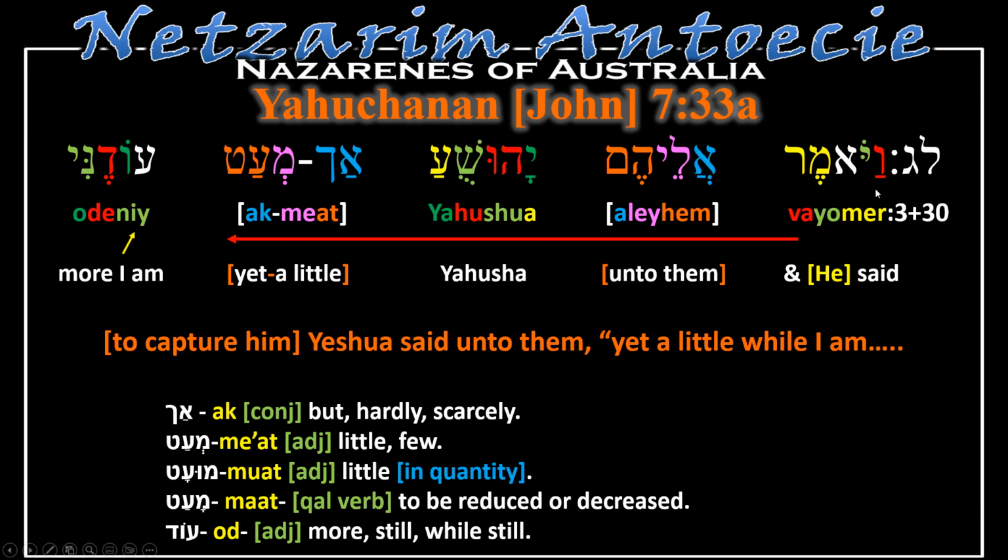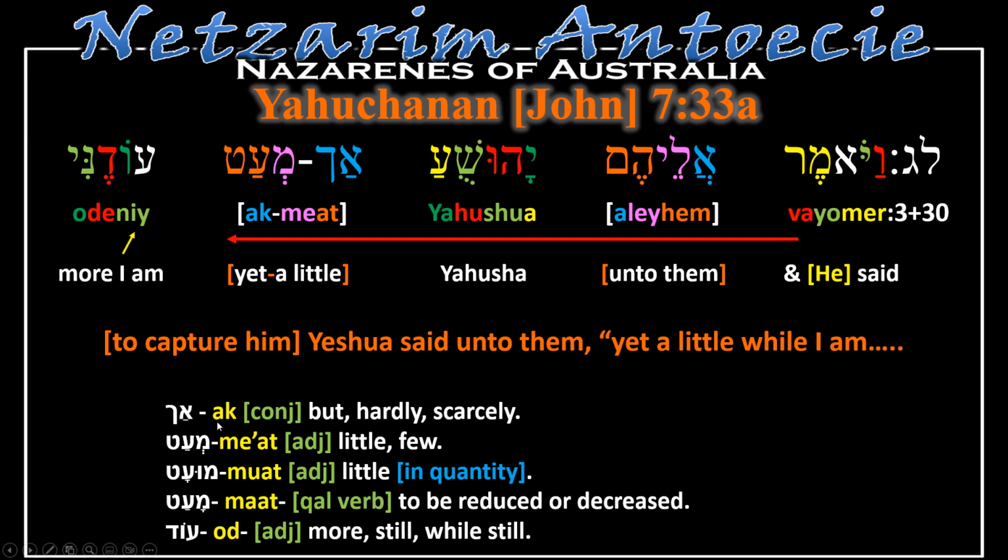And we read it: vayomer, and he said, aleihem, unto them. And who? Yeshua or Yahusha. Ak, yet, me'at, a little. Od-eni, more, I am. Because we know that od means more or still, and ni means I. More, and then I've turned that into more I am.